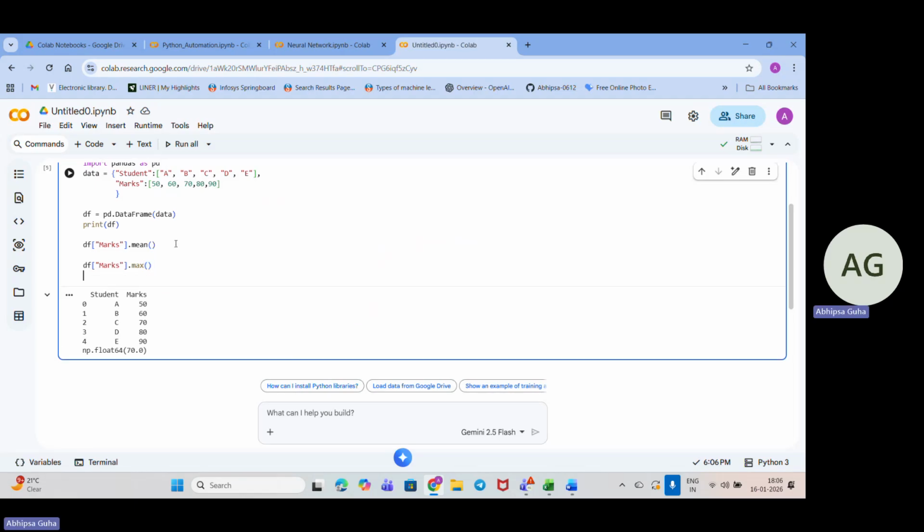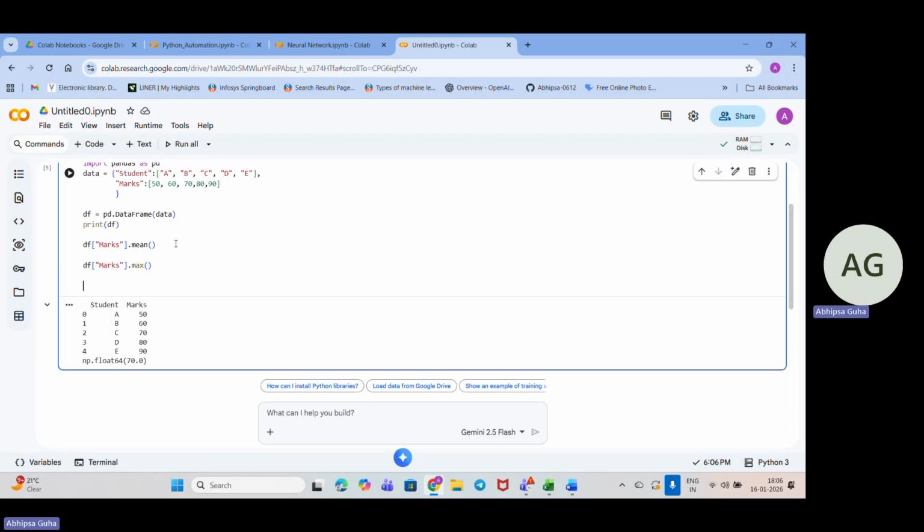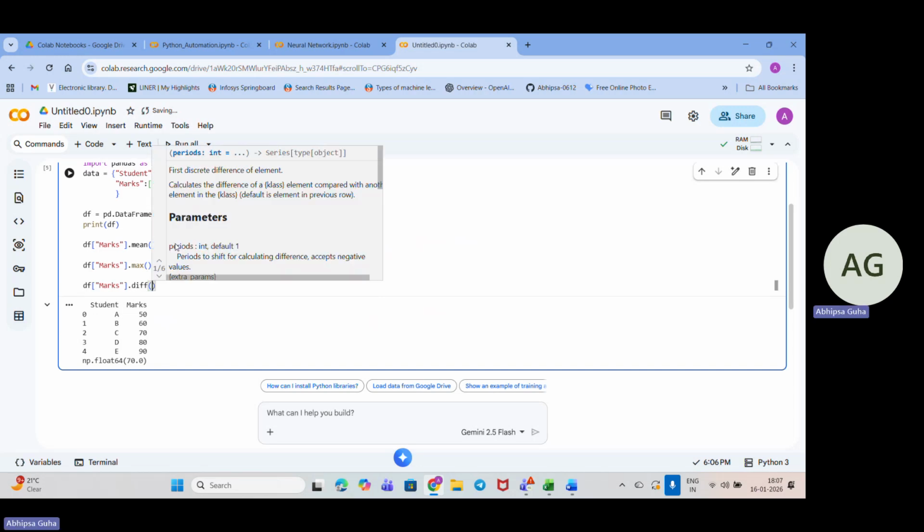Now I want to go for pattern recognition. Okay. So df marks. Okay, M should be capital. And I am using diff. So what does diff do?